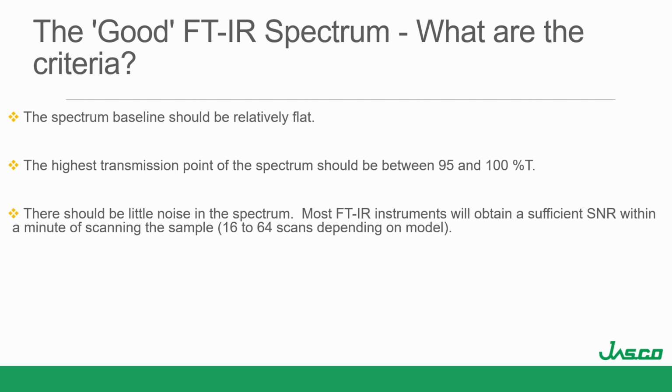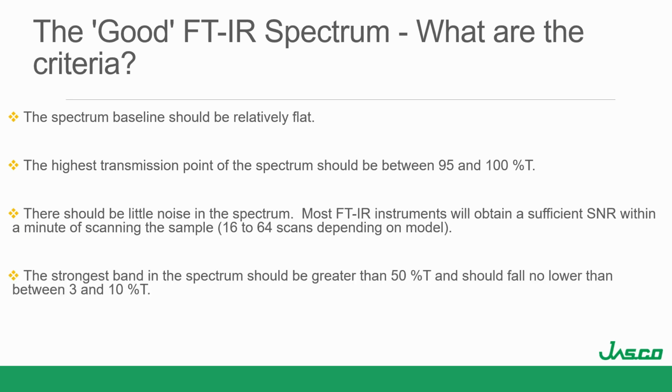Most of the time, it takes less than a minute to do 16 scans, and 16 is usually more than enough for most applications. The strongest peaks should be greater than 10% transmittance, ideally above 50%. The reason you have to worry about it being low is because as you get lower and lower transmittance, you start to saturate the detector, which causes peak shift or peak shape changes.